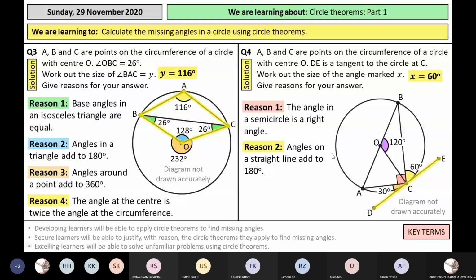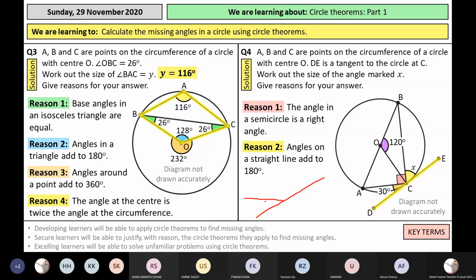Yes, it is 60, right? Sir, we could have just done 180 minus 120. See, you have done angle on a straight line once again.